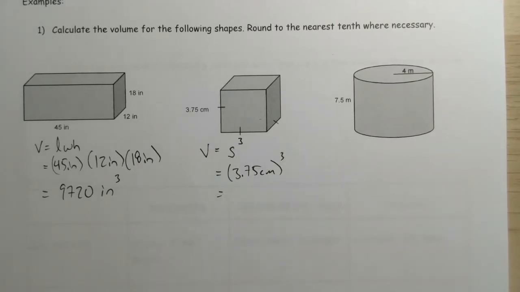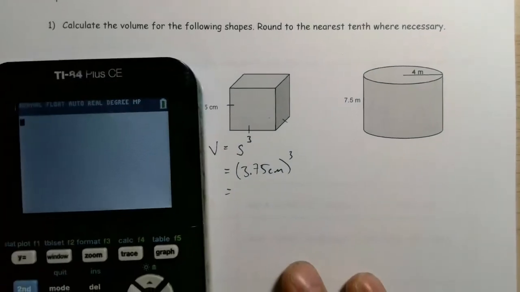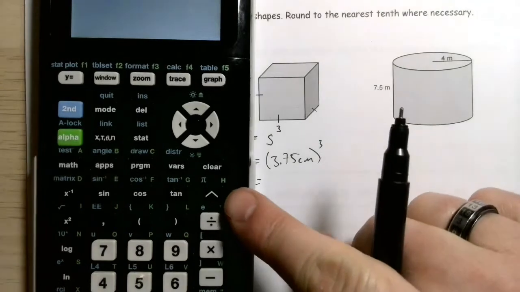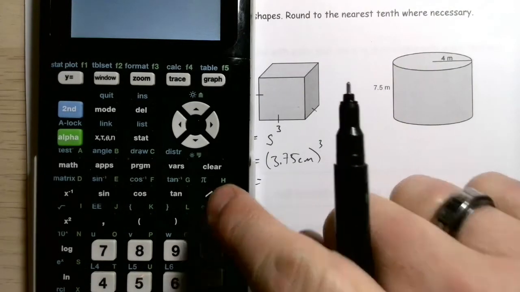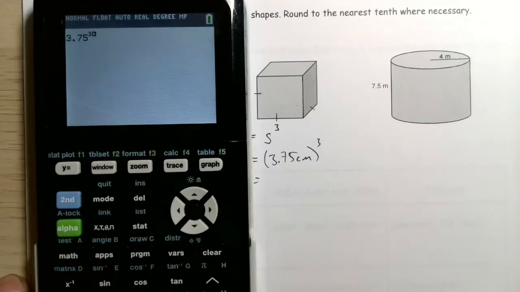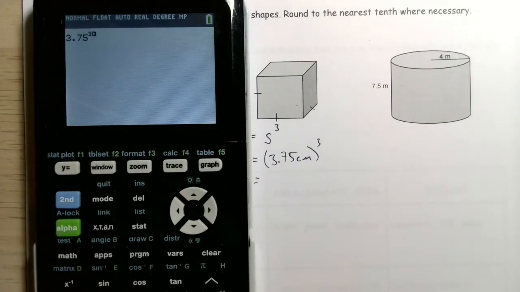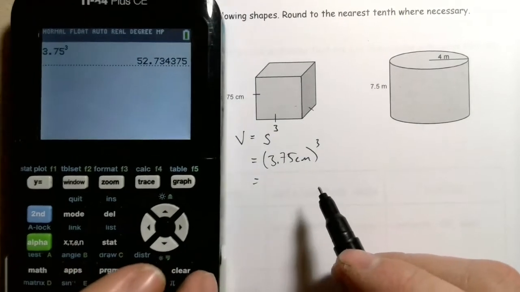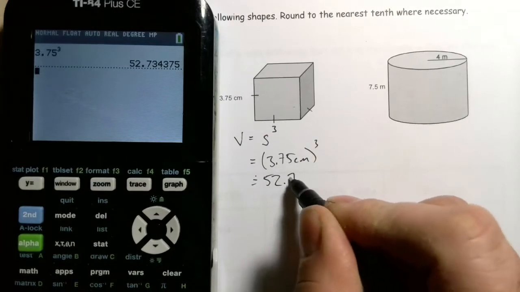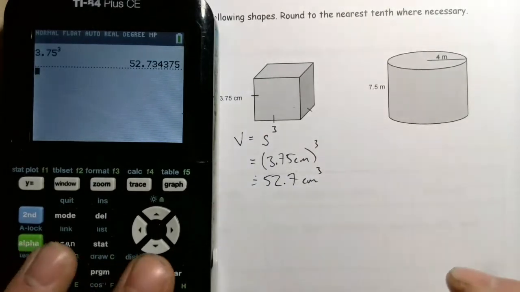On my calculator, I'm going to do that by entering 3.75, then using this button right here, which raises it to the exponent 3. So 3.75 is the length, the width, and the height. So it's 3.75 multiplied by itself, as a factor 3 times. Press enter, and to the nearest tenth, I get 52.7 centimeters cubed.